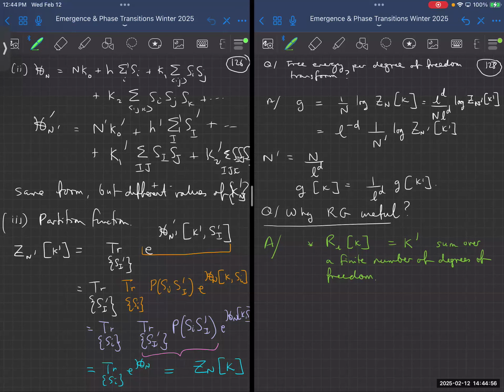And if it's a sum over a finite number of degrees of freedom, that means it's analytic. It has no weird singularities. It also means it's easy to approximate. And so we can construct it in any way we like.